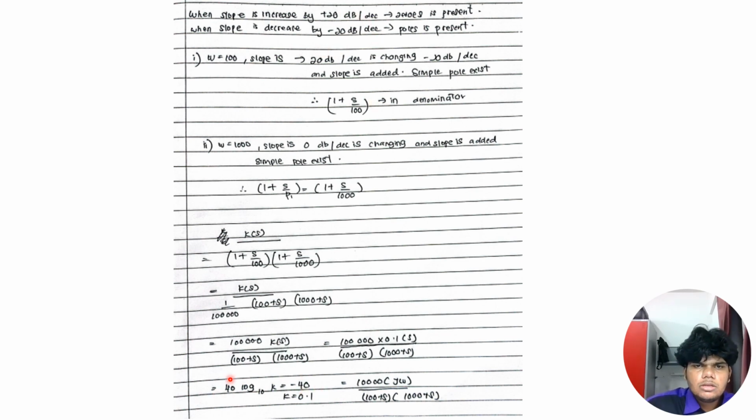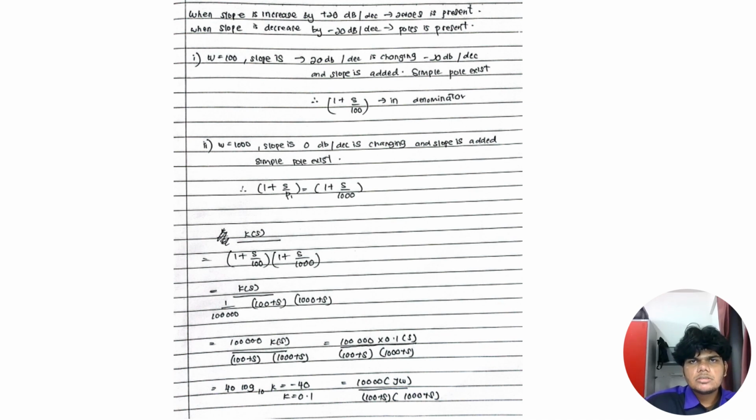So the 40 log, which is the constant straight line, and also the final answer, which is negative 40, brings us the k with a value of 0.1. So at the end, it will be 10,000 j omega over 100 plus omega, multiplied with 1000 plus omega. So that's all from me.